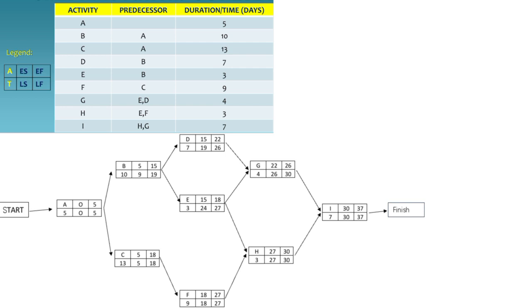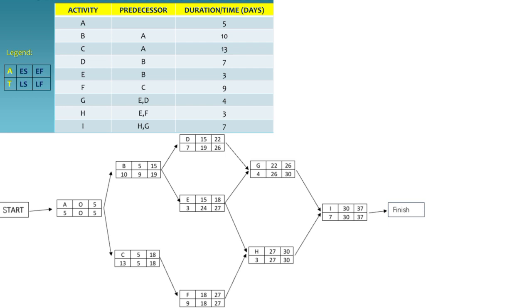Activity B. The late finish for activity B is the late start of its immediate successor, which is activity D with a late start of 19. The late start for activity B is calculated as LS equals LF minus duration, equivalent of 19 minus 10 equals 9.